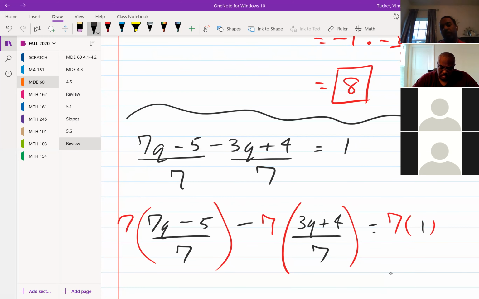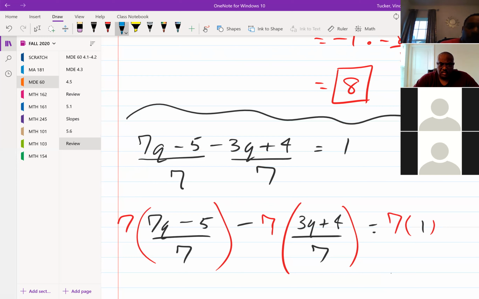That's the first thing we want to do: multiply each by 7, even if it doesn't have a denominator. In order to keep your equivalency, you have to multiply everything by the same number. So that 7 has to touch or affect everything in the equation, even that 1 all the way on the right.